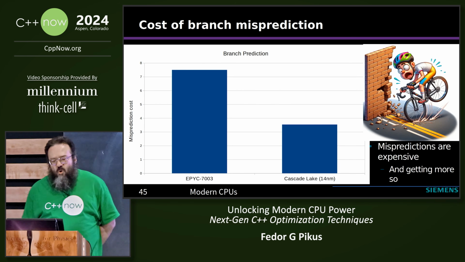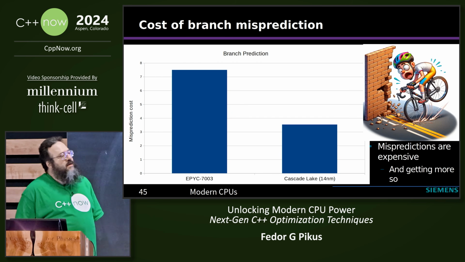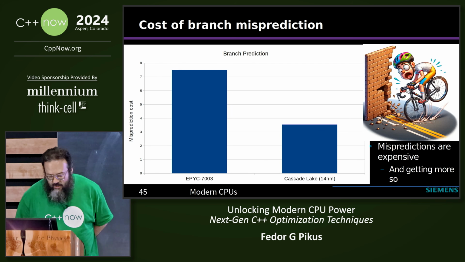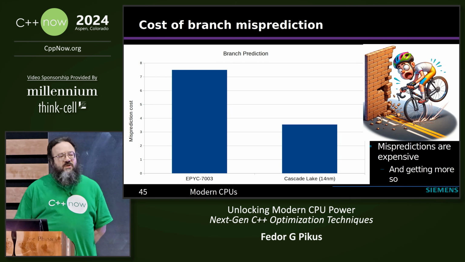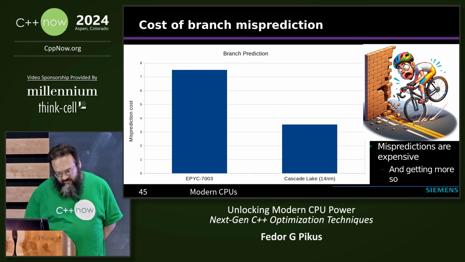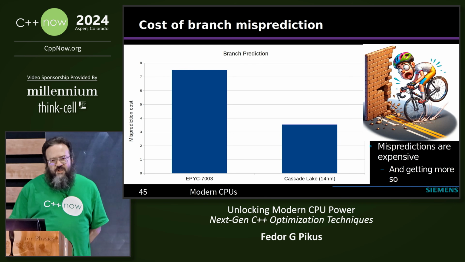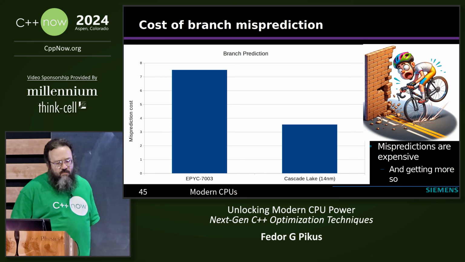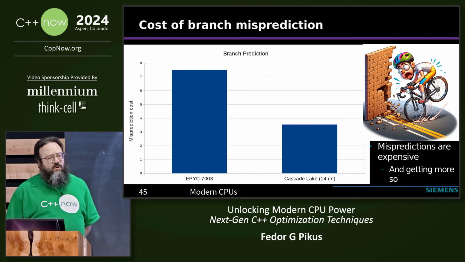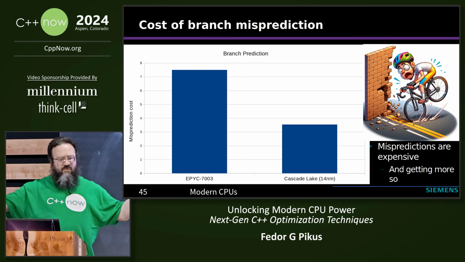Okay, so with all that machinery going on, how expensive is a branch misprediction? It depends on the length of the pipelines. It's always expensive. It has been expensive basically since branch predictors came online, and it's getting significantly more expensive. Longer pipelines hold a longer delay between reading an instruction from memory and actually retiring it.